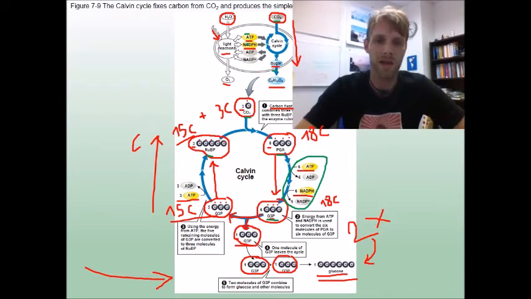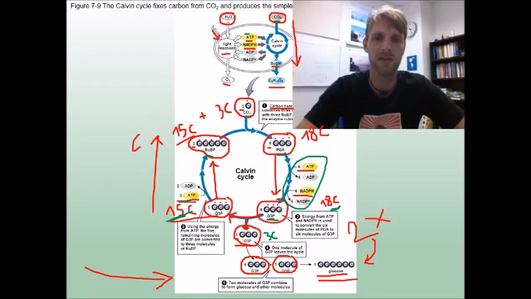I have here still 18 carbon in total. One molecule of G3P is leaving the cycle, so these are 3 carbons that are leaving the cycle. Okay, they leave the cycle, and I stay with 15 carbons. These 15 carbons, they are recycled to become ribulose bisphosphate again.